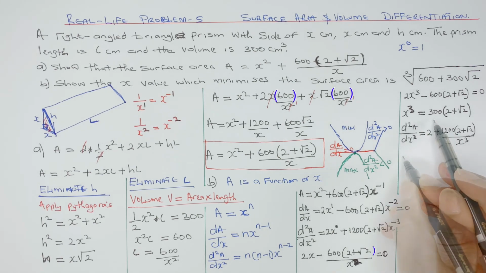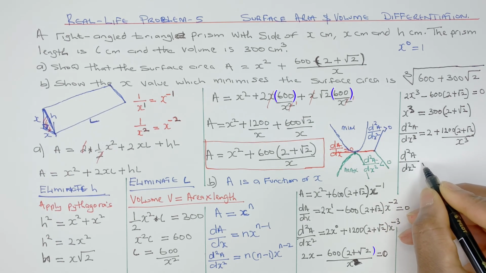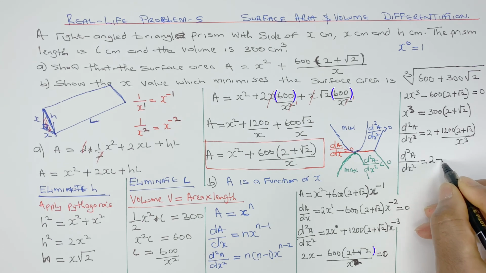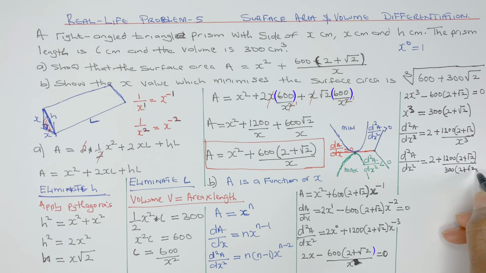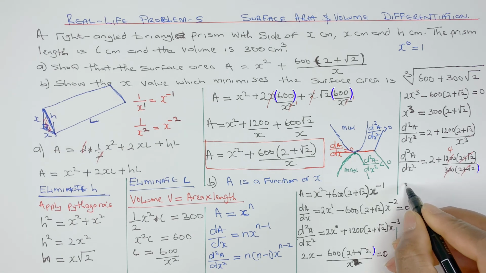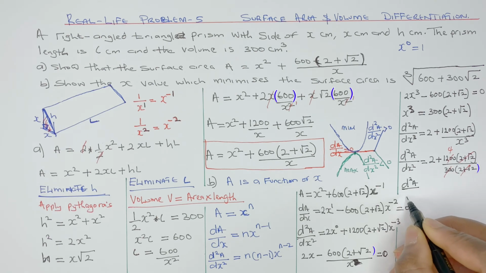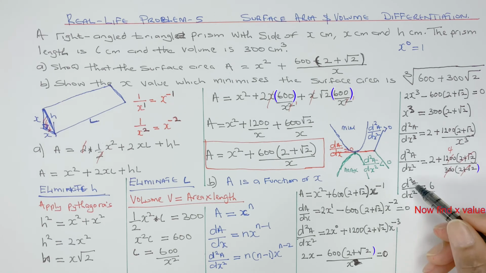The d²A/dx² will become 2 plus 1200 open bracket 2 plus root 2 close bracket over x cubed, which is 300 open bracket 2 plus root 2 close bracket. That cancels that, you get 4, and 2 plus 4 is 6. So d²A/dx² equals 6. So that's positive. It's a minimum.